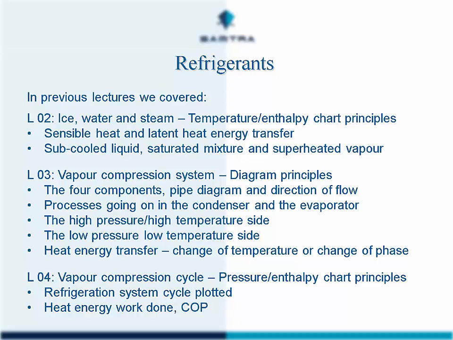We can also divide that into the high pressure side and the low pressure side. That'll come in later when you are talking pressure gauges and pressures in the system. And then we have heat energy transfer that either causes a change of temperature or a change of phase in the refrigeration system.